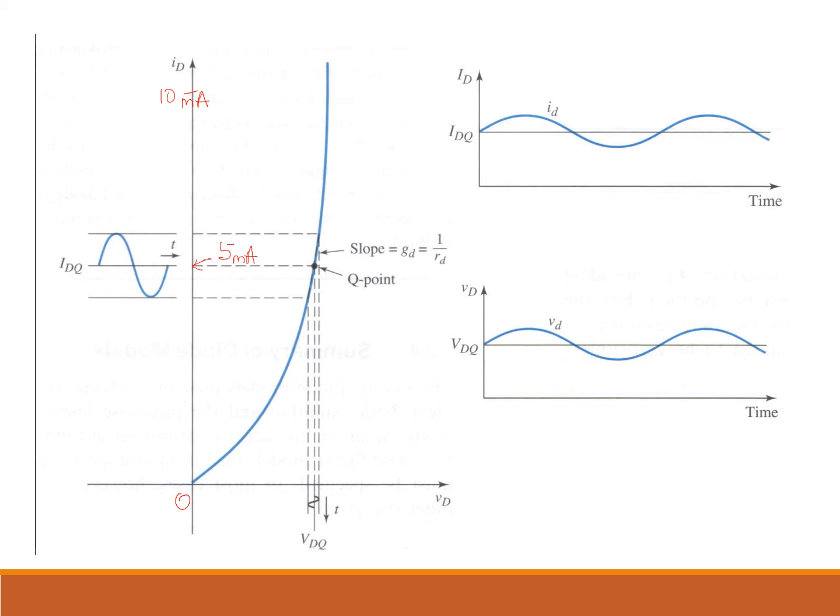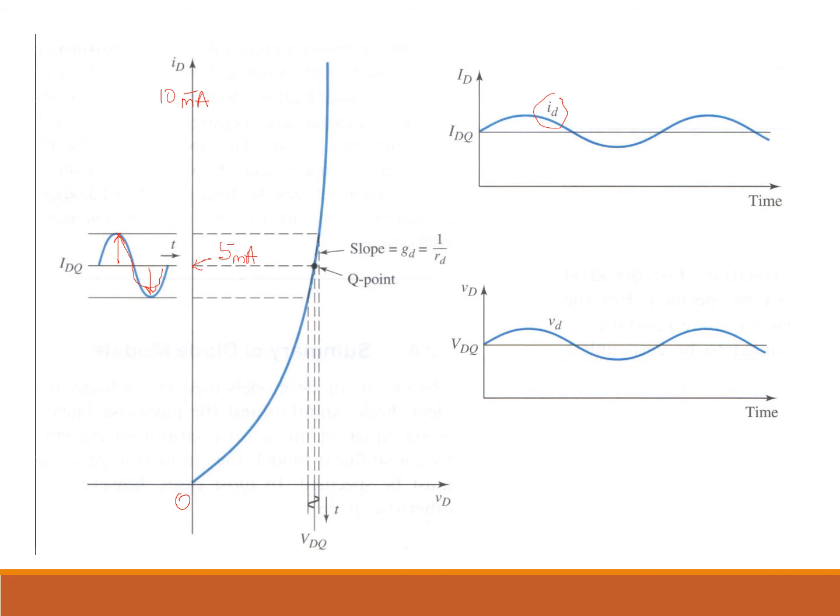When we superimpose the ID AC signal, it can operate without being saturated at both the negative side and the positive side of the ID. It means that the waveform is perfect without any clipping, cut off or saturation.